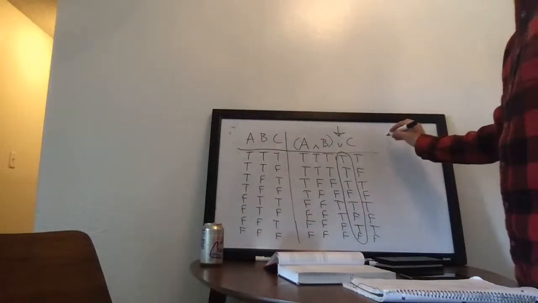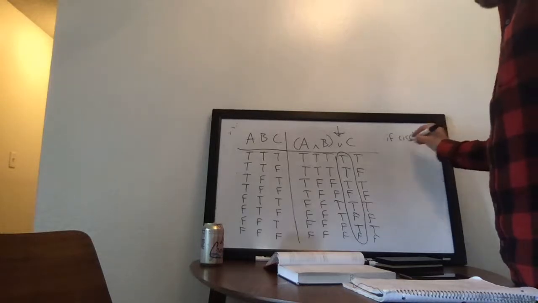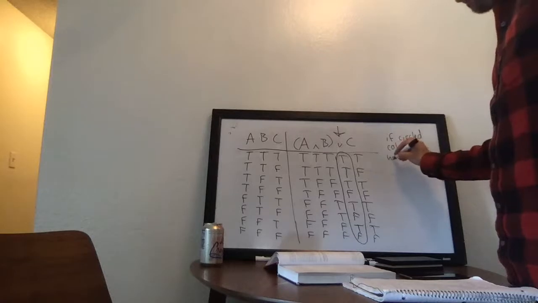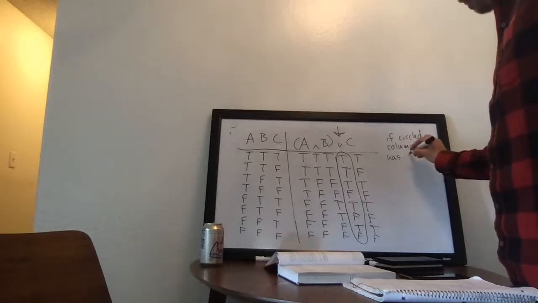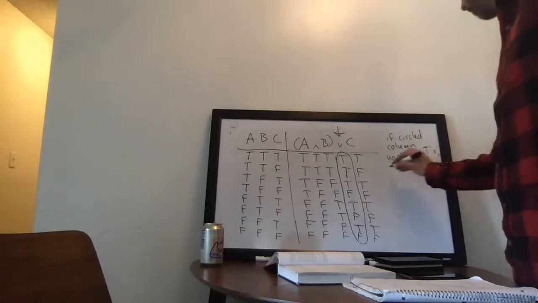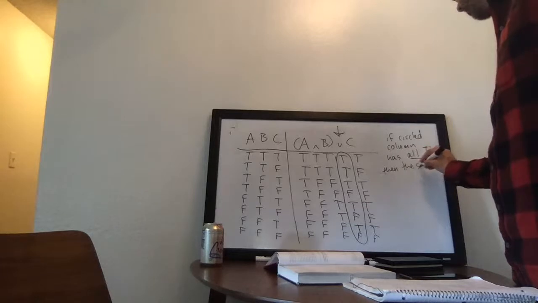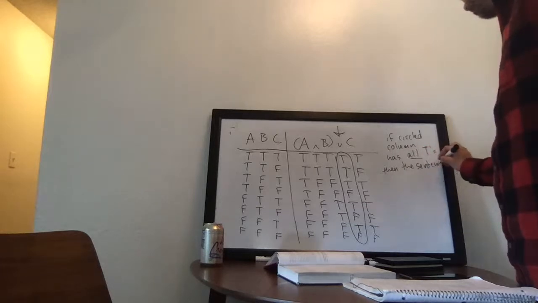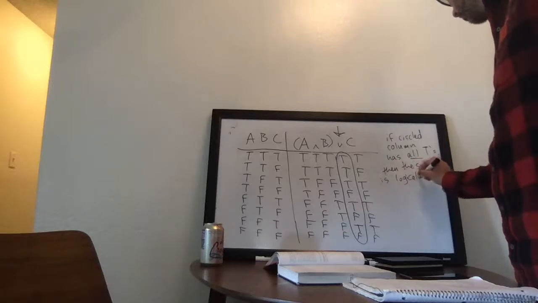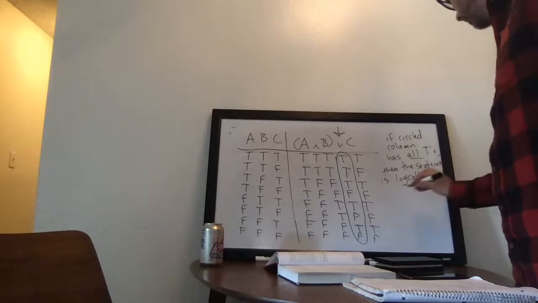So if the circled column has all T's, then the sentence is logically true. Okay?